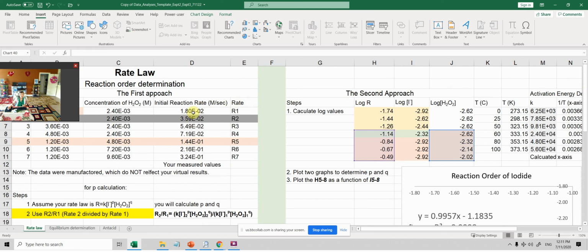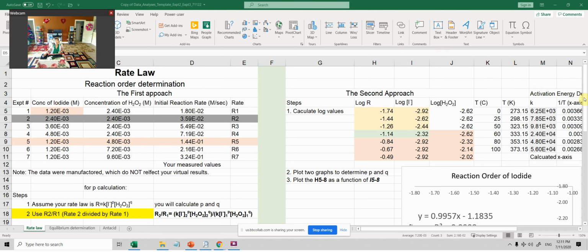So you have your rate, you have your concentrations, replace those numbers into the associated equation, and then you calculate your K. Also, in order to be more accurate, you can calculate the K for the different trials. Since they are at the same temperature, your K should be a constant value, so you can take the average to determine your K. This is your first approach to determine reaction order and reaction rate constant.